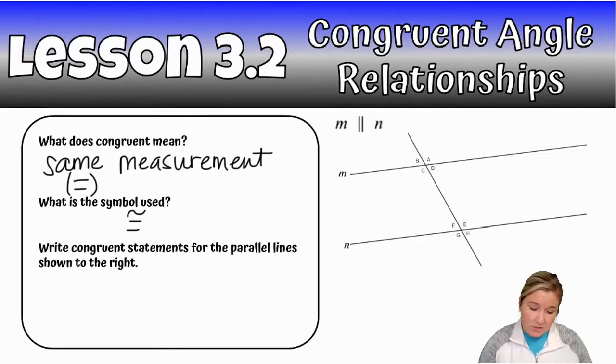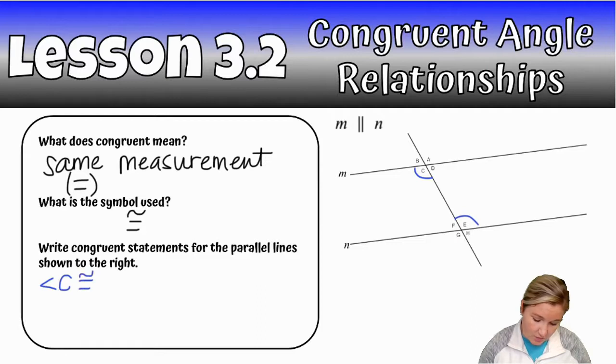Let's take a look. So we know that alternate interior angles are congruent. So if I pick a pair, let's say C and E, those are going to be congruent because they're alternate interior angles. So I could say angle C is congruent to angle E. I could also say that vertical angles are congruent. So I could say angle B and angle D are congruent.